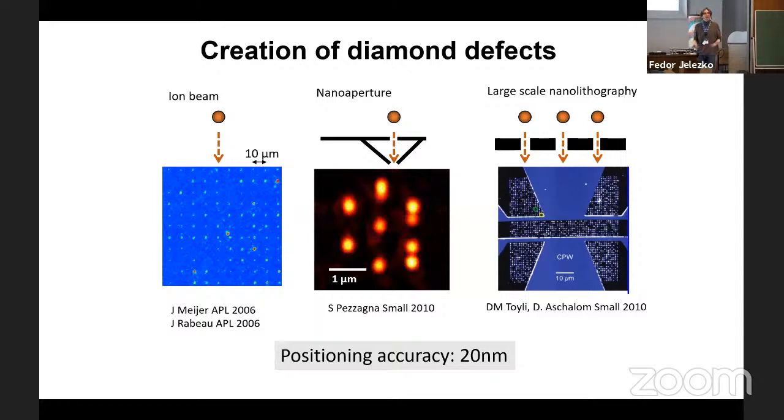So you don't work anymore with some native ingrown NV centers. You try to take ultrapure diamond and you engineer NV centers one by one, and you have to get to the regime where NV centers start to interact, where they get to a distance below 30 nanometers.